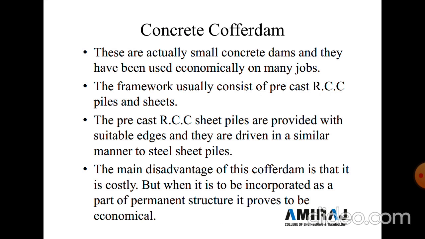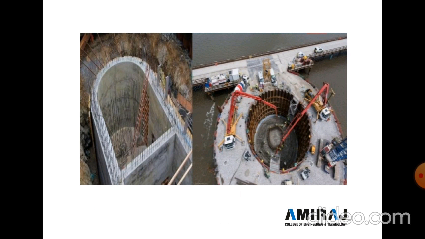The main disadvantage of this cofferdam is that it is costly, but when it is to be incorporated as part of a permanent structure, it proves to be economical. So see this photograph, a concrete cofferdam is constructed.